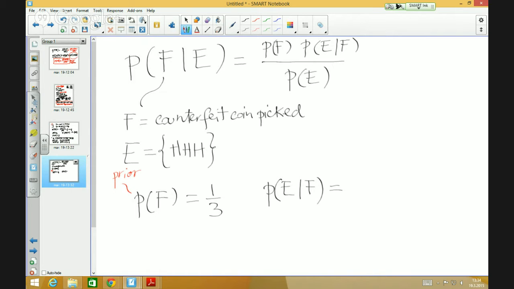It's 1. Why? Because the counterfeit coin always lands heads. If you flip it 3 times, you get head the first time with probability 1, head the second time with probability 1, head the third time with probability 1. You multiply 1 together 3 times, you get 1. It's a certain event. If you flip a coin which has head on both sides, you always get a head, isn't it?